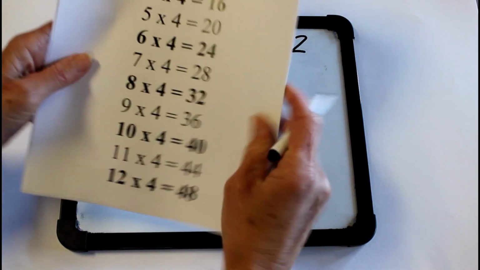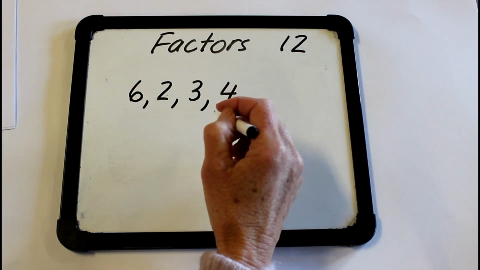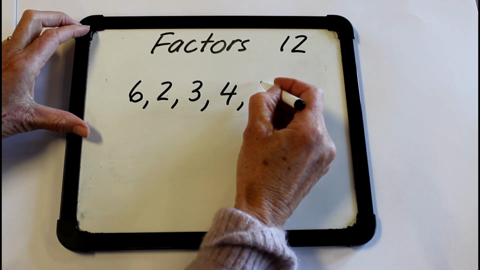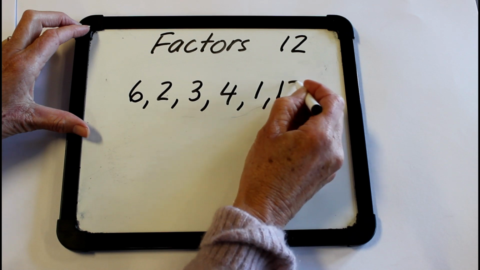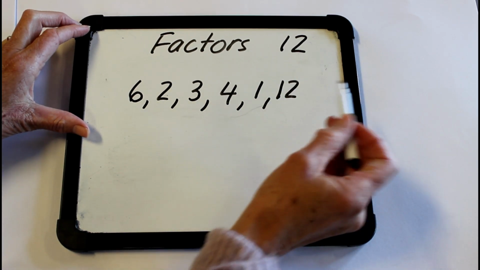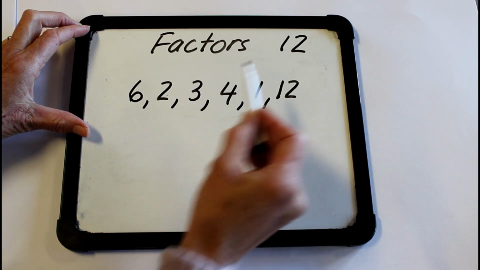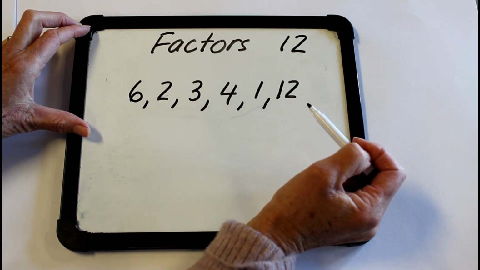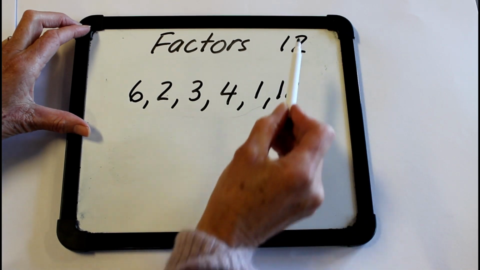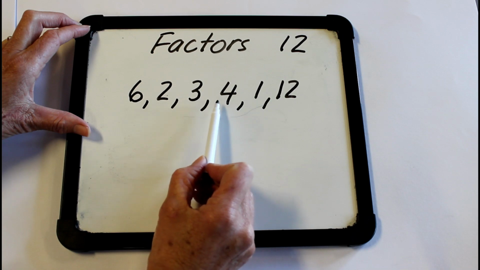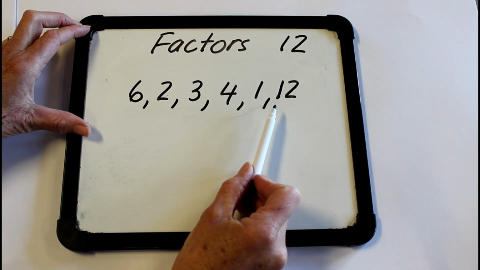So we've got 3 and 4, 6 and 2. What other factors are there? Well, we can include 1 and 12 because I know that 1 times 12 will give me 12. Is there anything else that when they're times together makes 12? Well, there's not. So 12 has a few factors. So it has 6, 2, 3, 4, 1 and itself.